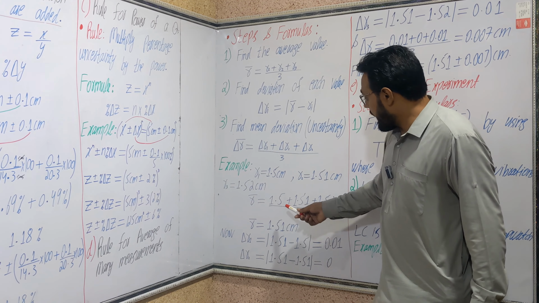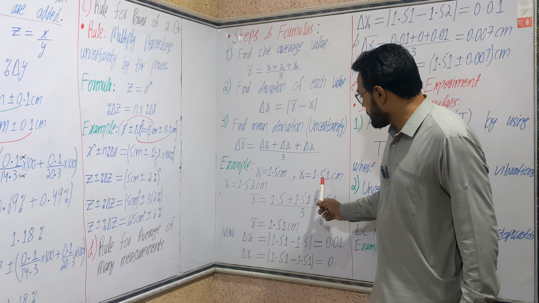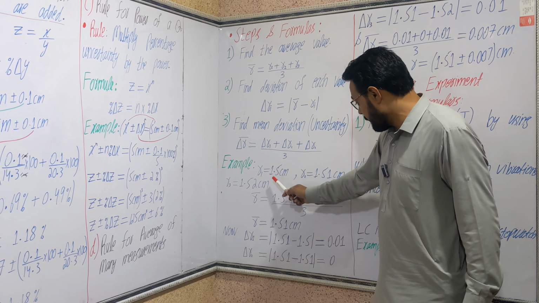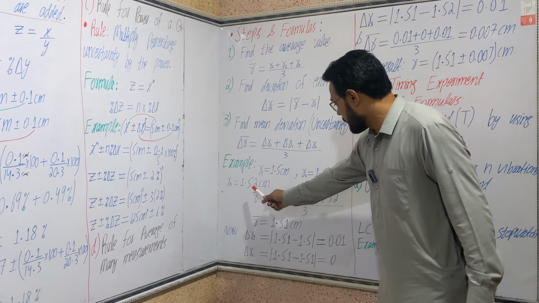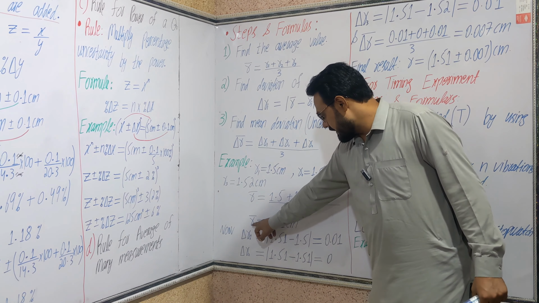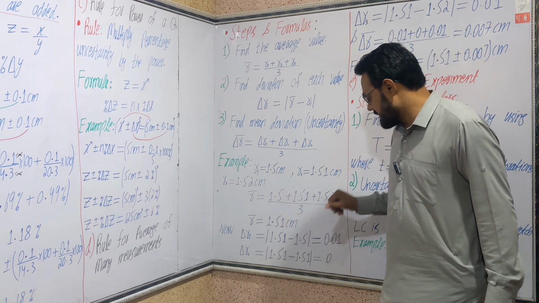To find the average, add all three values: 1.51 plus 1.5 plus 1.52. Add all three, divide by 3. After addition and division, you will get the average. Average is represented by R with bar. So the average value is 1.51 centimeter.